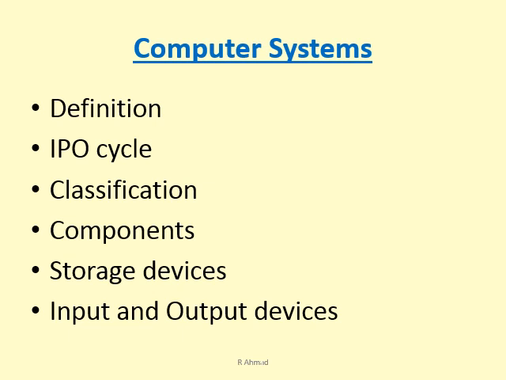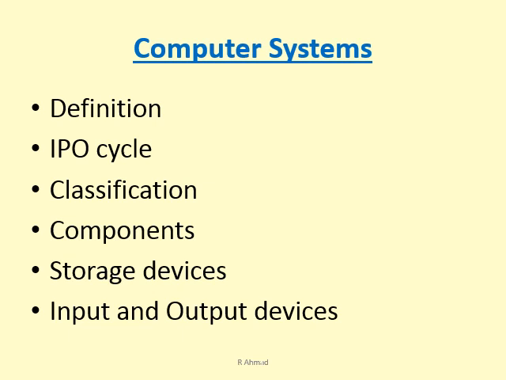After that we talked about the components of a computer. The components of a computer are very commonly shown in the form of a block diagram, where we show the input unit or input device, then in the center the central processing unit, and then the output unit.